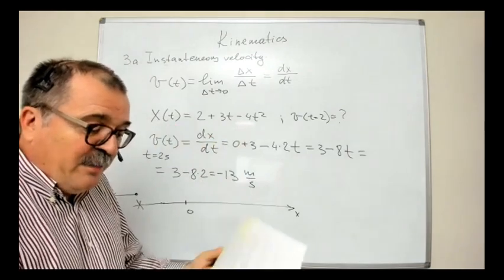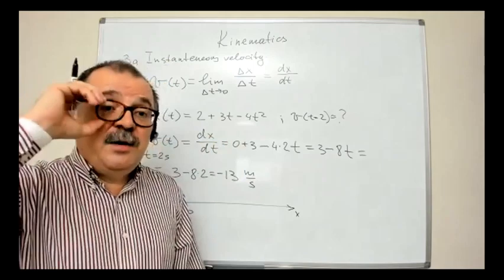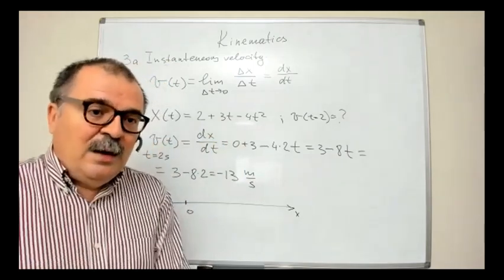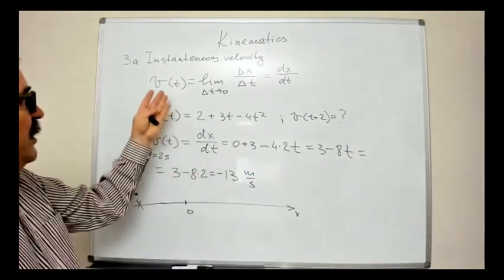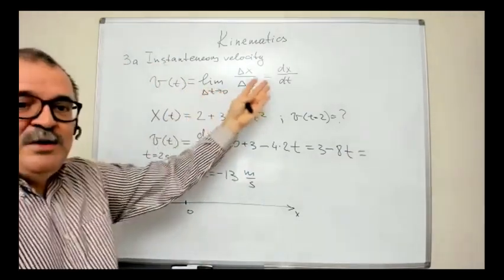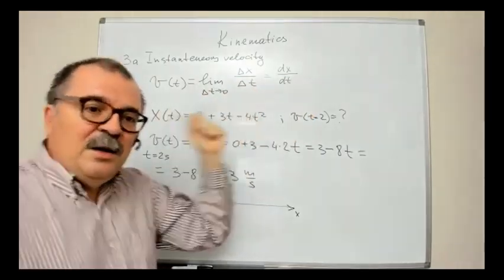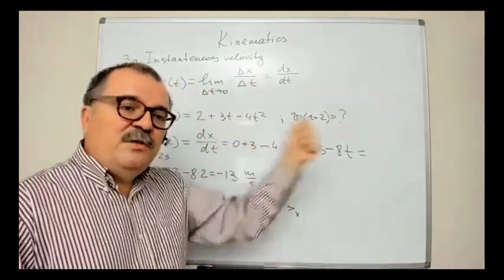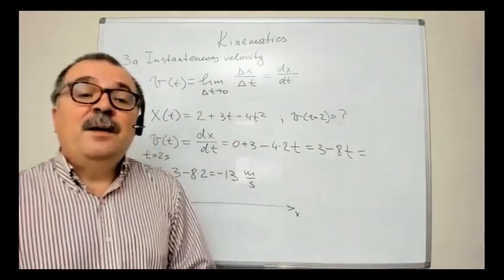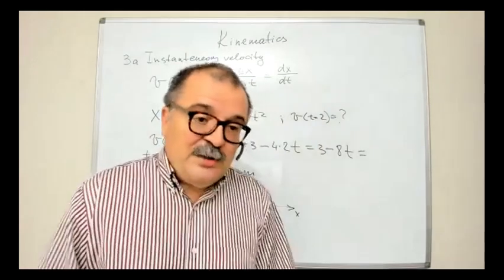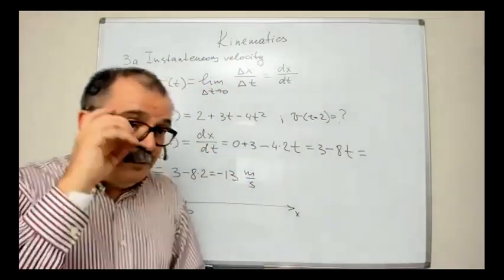All right, and the last important kinematic parameter I would like to introduce and describe is acceleration. Before that, let me tell you that the velocity actually indicates the rate at which the position changes in time. If velocity is high, that means the object moves fast, and the change of position is very fast and large during time delta t. So it characterizes the rate of change of the position.